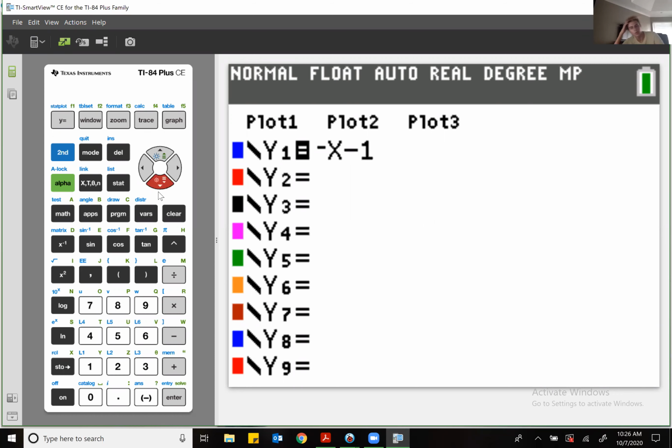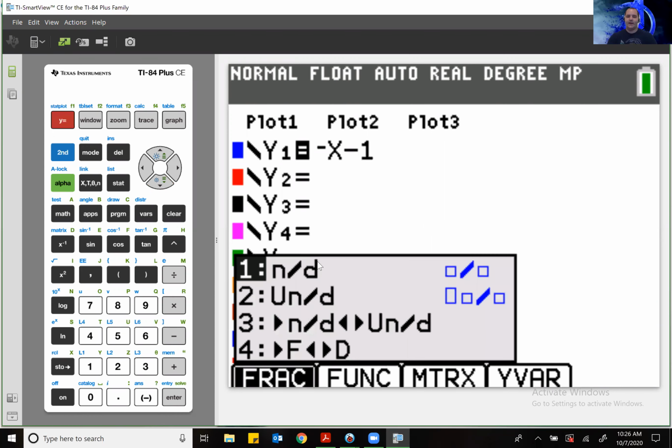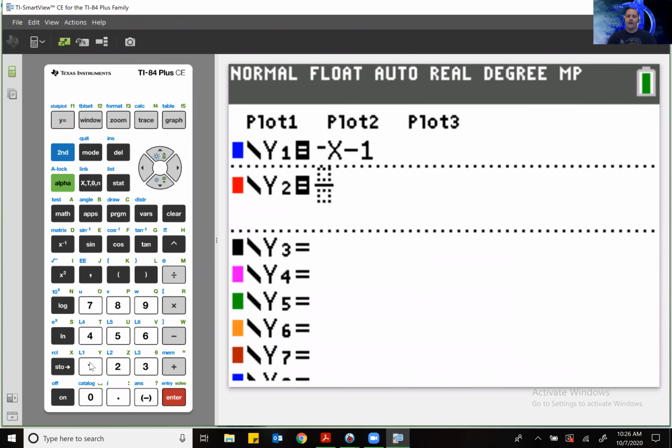Isn't it alpha y equals? It's alpha y equals, a 2-button press. Alpha, y equals, and it's the number 1. And you put the 1, and then you scroll down, and you put the 2, and then you scroll out to the right. And put your x, and then minus 4. So there's our 2 equations.